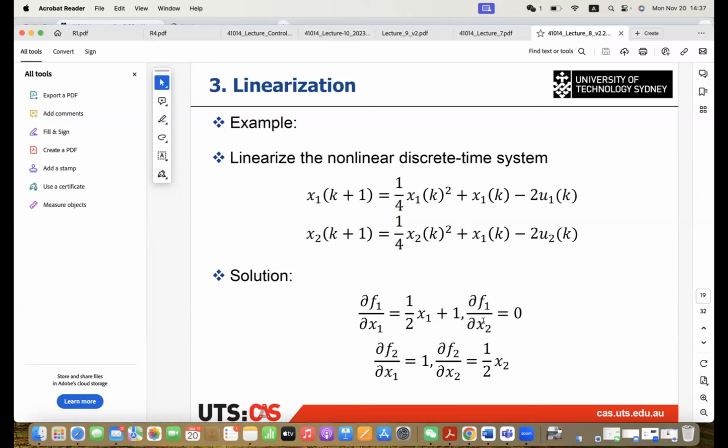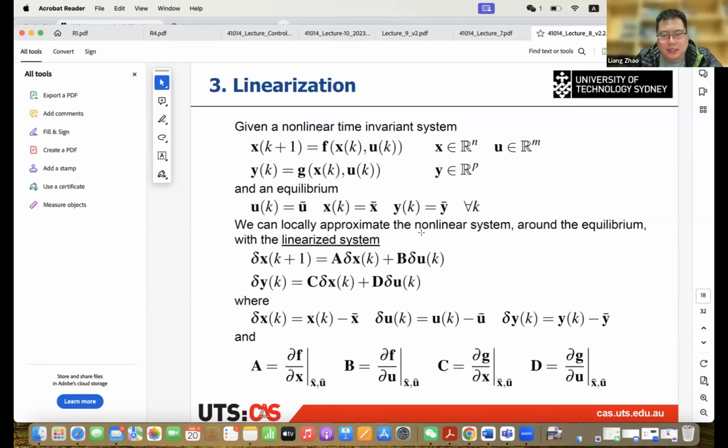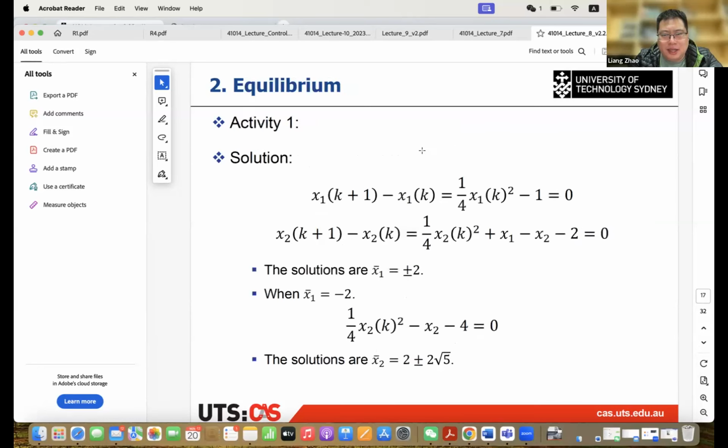Right, that's how you find the A matrix. But if you want to find the equilibrium points, then you have to find the roots of x(k+1) minus x(k) equal to 0. That is, x1(k+1) minus x1(k) equal to 0, and x2(k+1) minus x2(k) equal to 0.